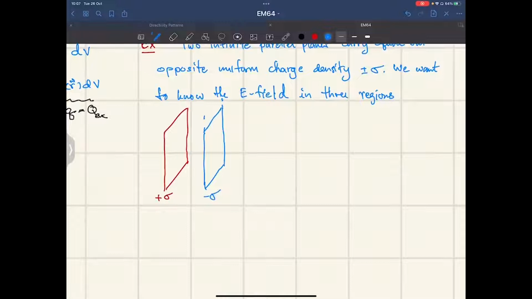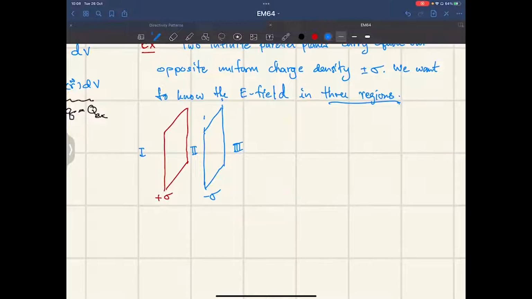We want to know the field within 3 regions: region 1 here, 2 here, and 3 here. These are the regions where we want to know how much the electric field is.